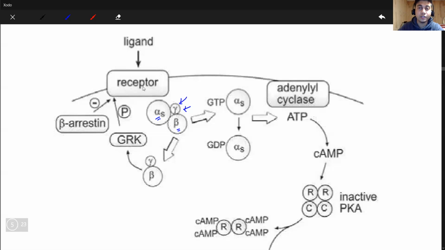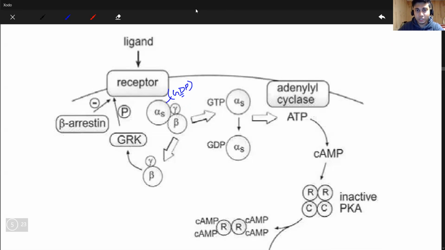Now, this G protein usually remains bound by GDP in the alpha component, right? Maybe that's why they're called G protein, because they are bound to guanosine diphosphate.